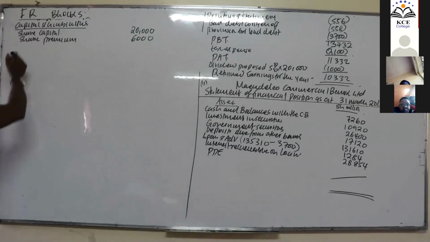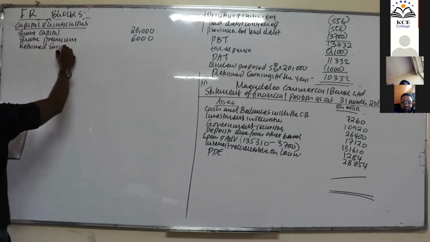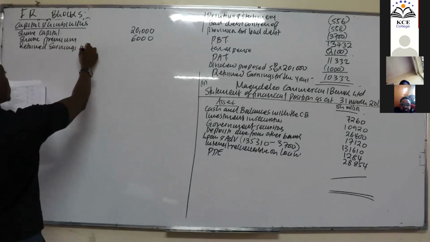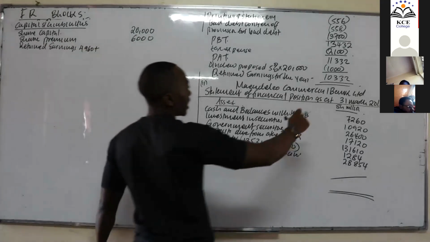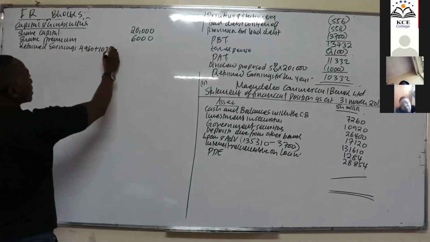Then we have retained earnings. For the retained earnings, we have 4,960. You add retained earnings for the year, 10,332.